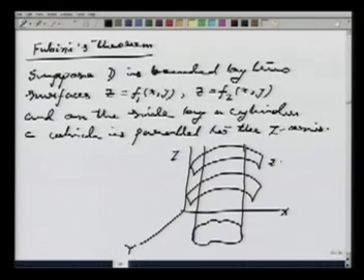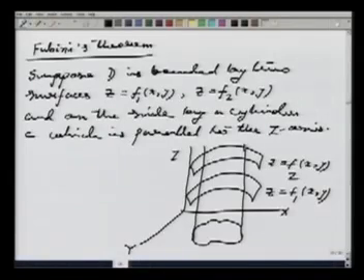This is z equal to f1(x,y). Of course, it may not be bounded, it might go on, but as far as my purpose is concerned, I am just looking at the intersection portion, and let us say z equal to, let us call this f2(x,y), this is f1(x,y). Okay. So this is the picture. So my region of integration actually is the in-between portion.